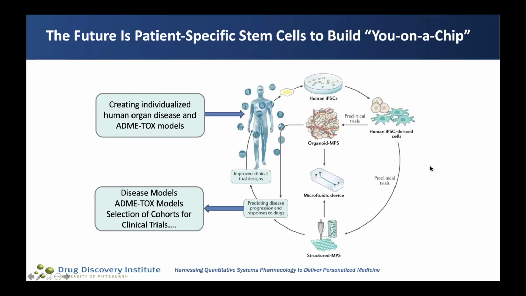So another important aspect, and I'll discuss a little bit about iPS cells farther down in the presentation, is that there's been an increasing use of iPS cells, and for good reason, because it allows the production of individualized human organ models, as well as to create sets of cohorts of disease models that can be used as a substitute or as a preclinical trial, for example, in order to improve the operation of clinical trials.